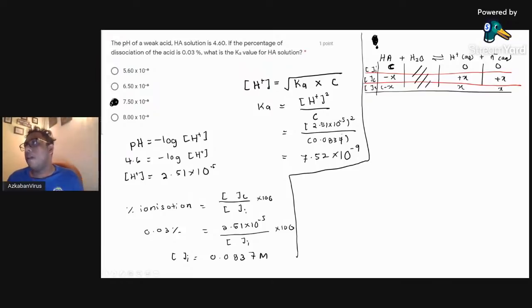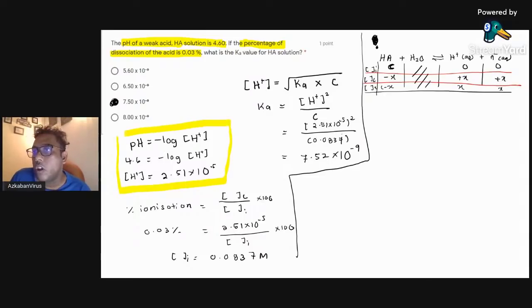Okay, good. Now, information yang diberikan kepada kita adalah pH dan juga percentage of ionization. Kita ada dua information dekat situ. So, daripada pH, kita boleh cari concentration of H+, which is ini. Itu nampak?